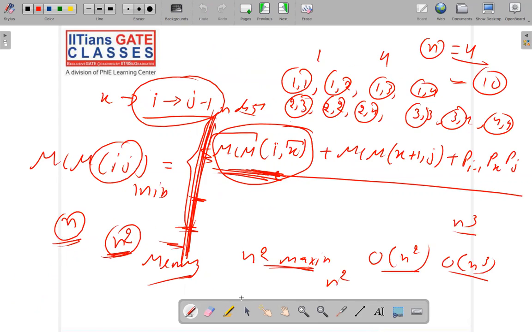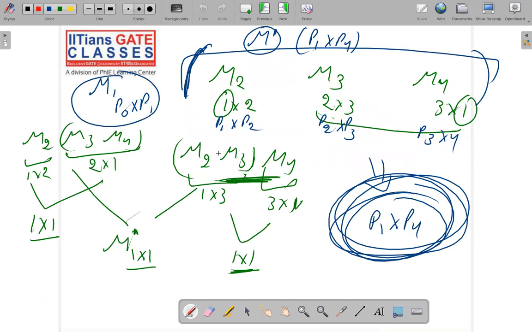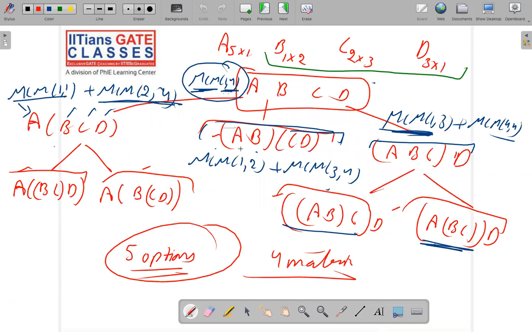Let me indicate it here in the tree. If you see here, this CD is getting multiplied here, and this CD is getting multiplied here. So once you solve the CD multiplication here, you will never solve it here.